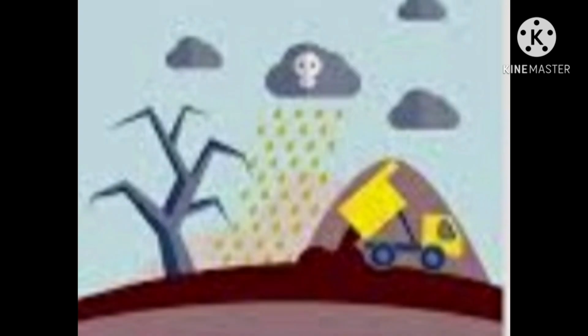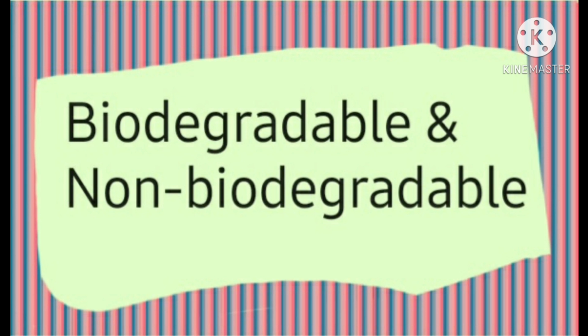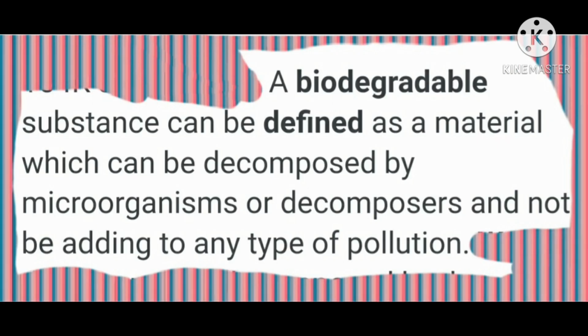All waste that we generate can be categorized into two types, that are biodegradable wastes and non-biodegradable wastes. Okay? What do you mean by biodegradable substances? The substances that are broken down by biological processes are called biodegradable substances.